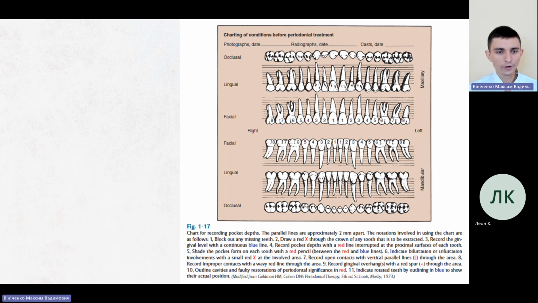You can see a chart for recording pocket depth. The parallel lines are approximately 2 millimeters apart. The notations involved in using the chart are as follows.